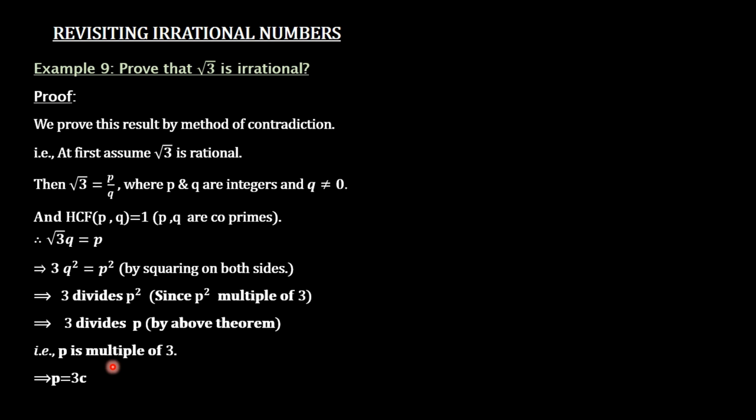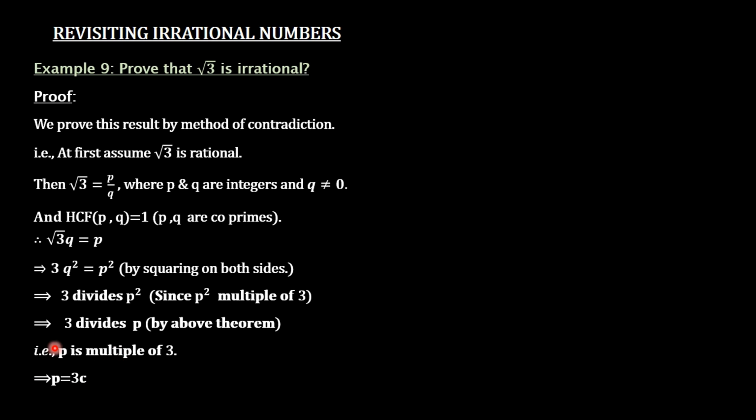Then we can conclude 3 divides 12. Here, if 3 divides P, then we can write P equals 3 into C, that is 3 into a quotient C plus remainder 0.